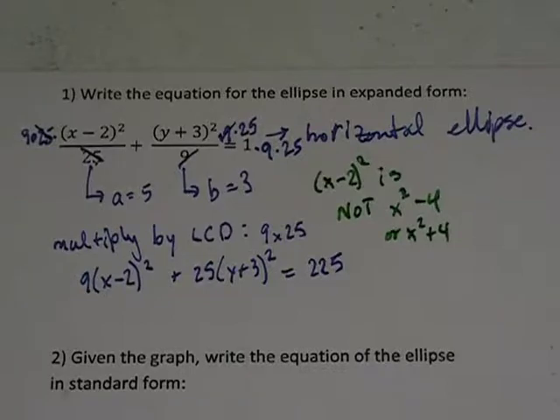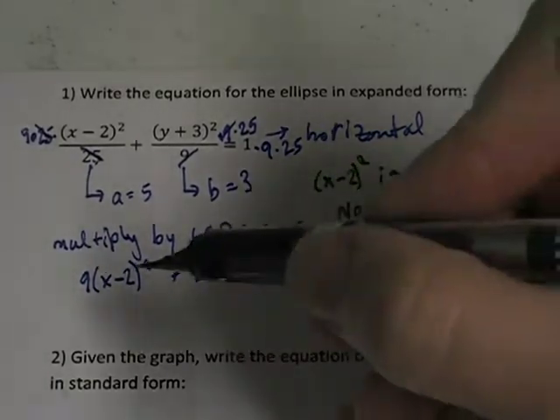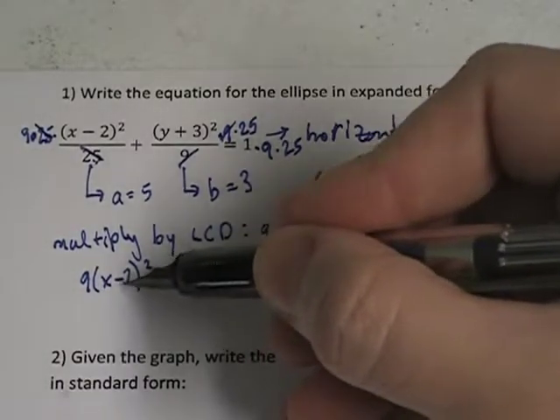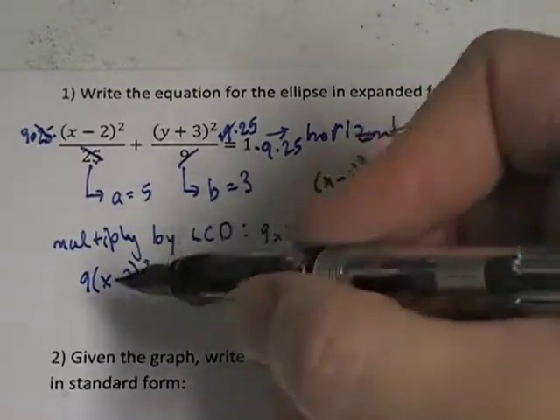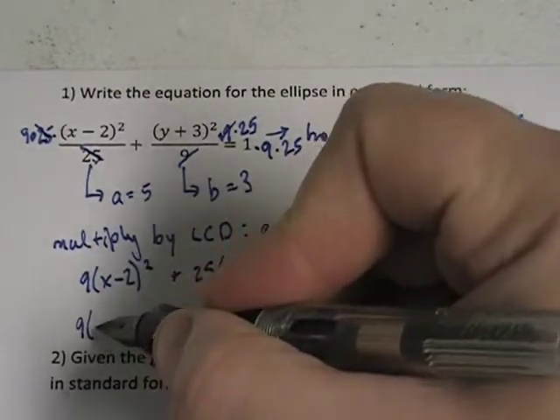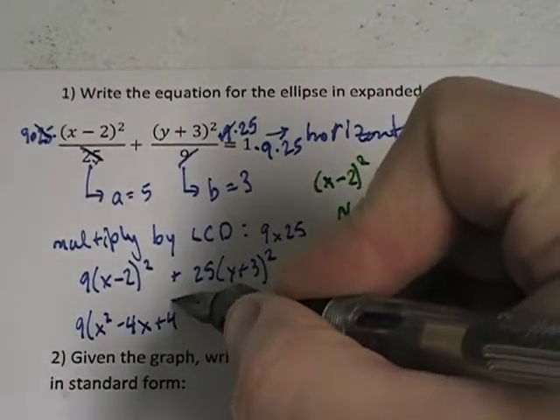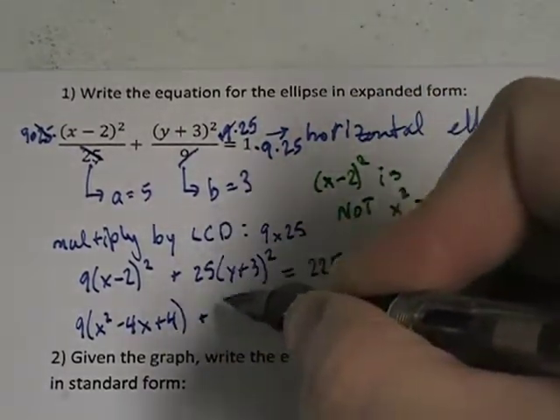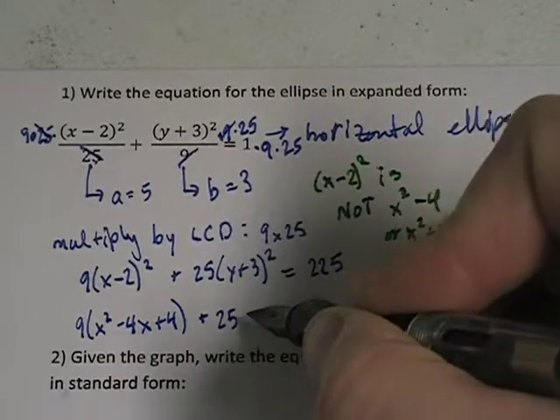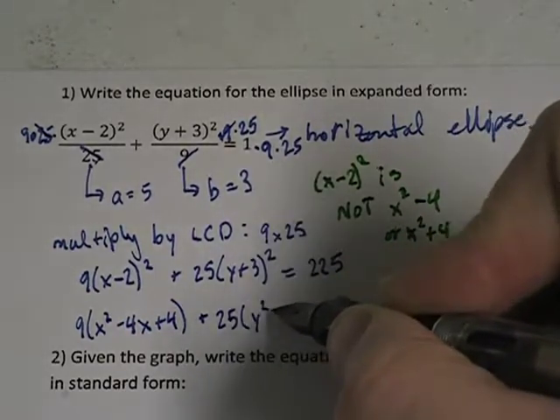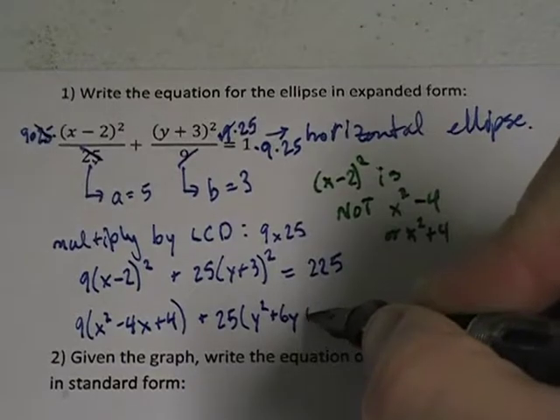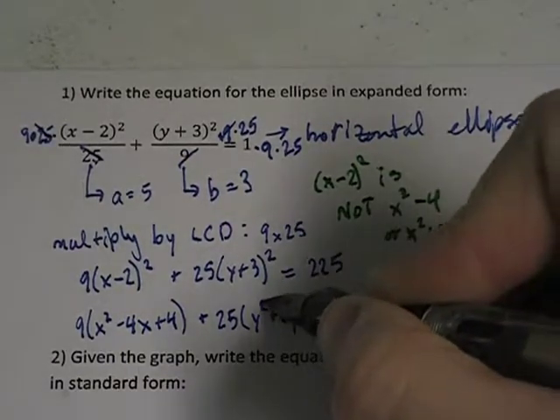That is not possible, okay? Instead, what we have to do is say x minus 2 times x minus 2, okay? And that's going to give me x squared minus 4x plus 4. And similarly here, this is going to give me 25 times y squared plus 6y plus 9, okay?